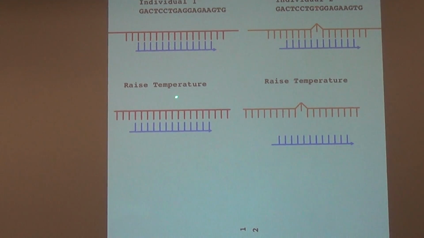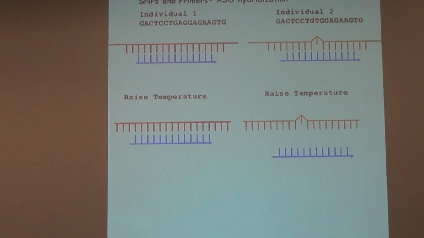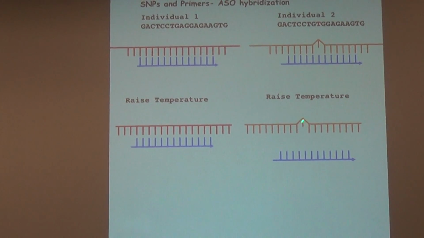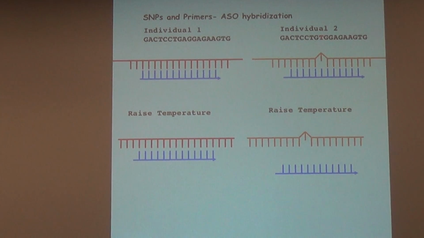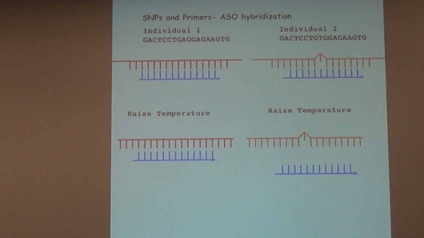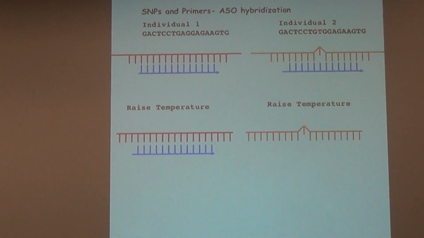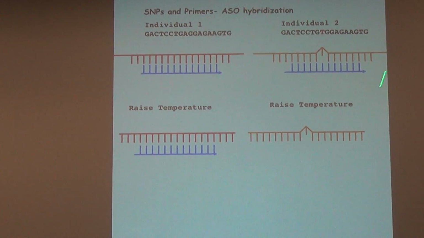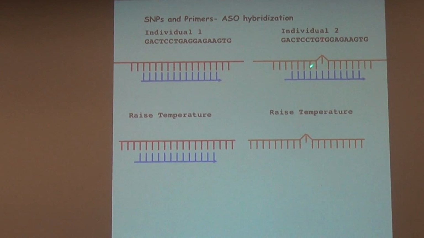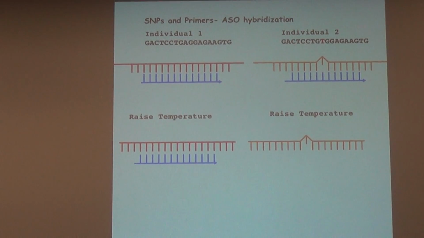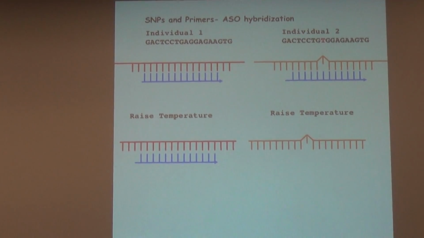And so what happens is, when you have this sequence, you will get a product. Or when you have this sequence here, with this primer, you get no product on the PCR gel. So you'll be able to determine that this individual has a change of a single nucleotide, compared with what this individual has.